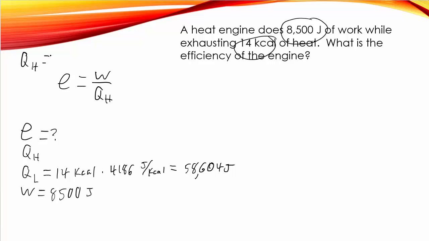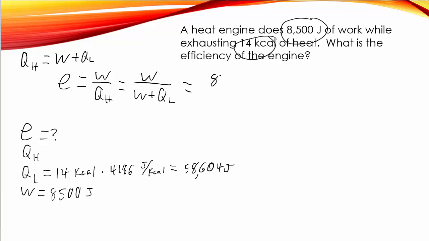We don't have QH here, but the other equation that we know is always true for heat engines is QH equals W plus QL. So if we plug in this for QH, we've got work over work plus waste heat. And now we can plug directly into this. If you prefer, you could plug in W and QL here and get QH and then plug QH in. It's all the same.